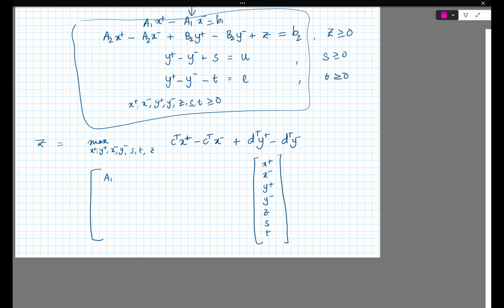So a1 x plus minus a1 x minus, and then these zeros, 1 2 3 4 5, five zeros, is equal to b1.